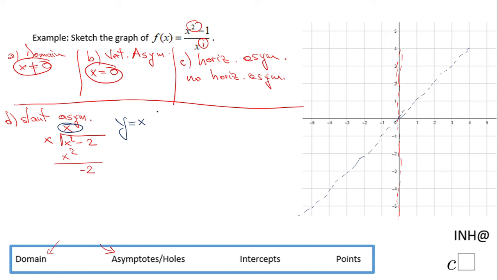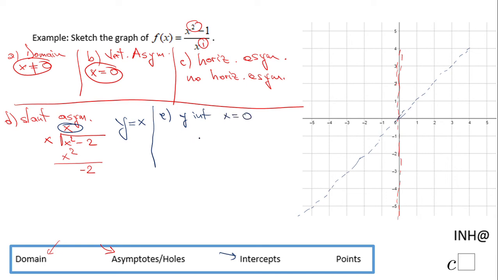We can move to the next part, which is the intercepts. By the way, no holes, because the function cannot be reduced. And for intercepts, we have two kinds, right? We have x-intercepts and y-intercept. Let's start with the y-intercept, which means x equals 0.